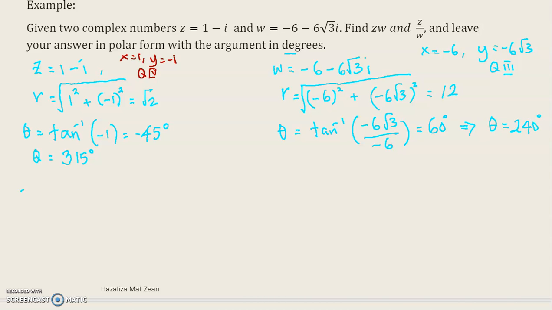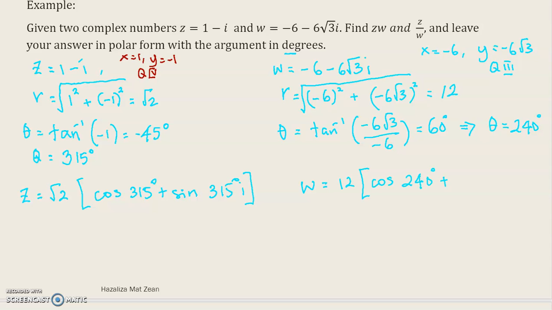So our complex number in polar form is z = √2 (cos 315 + i sin 315), and w = 12 (cos 240 + i sin 240). Now we want to find the product.